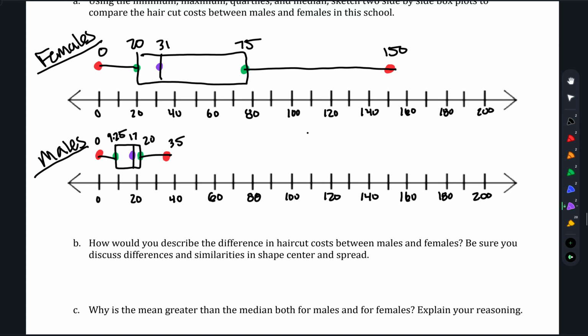What could they be doing? They could be getting different types of haircuts. Maybe the girl went in there, they got a perm. Maybe the girl got highlights done to her hair, okay? That costs a lot of money. So that's why the female haircut might cost that much more. Let's write that down.